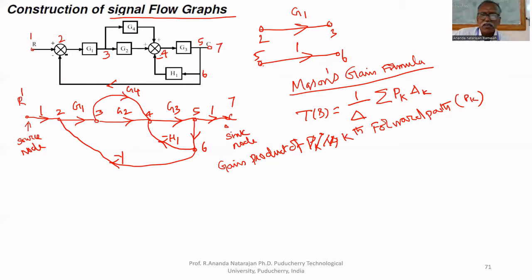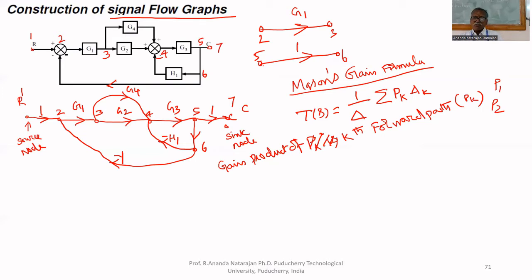Here, how many forward paths are there? The source is R, destination is C. To reach the destination, there are 2 forward paths. One is 1, 2, 3, 4, 5, 6, 7. Another forward path is 1, 2, 3, then through the other path to 4, then 5, 7. So there are 2 forward paths, P1 and P2.